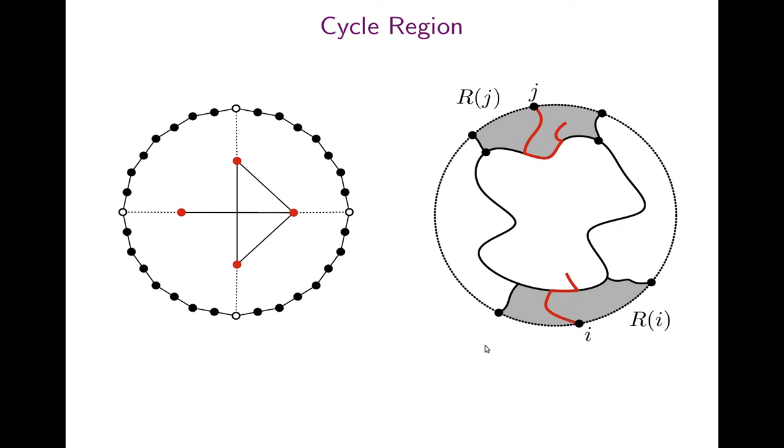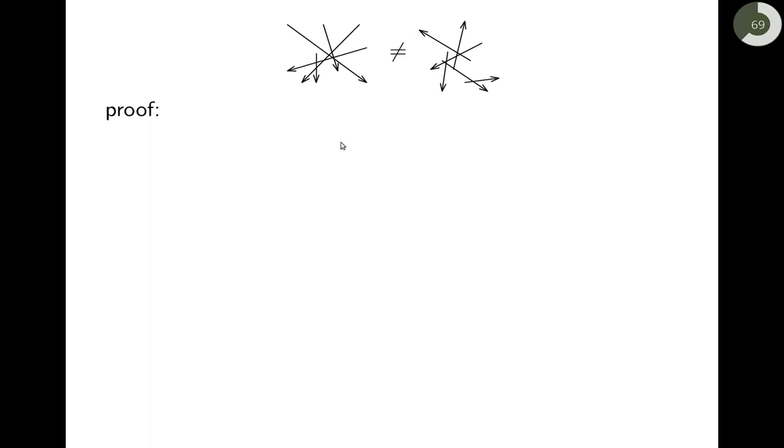And I know that these regions are ordered along the boundary, and thus also the start points of our red vertices, our relevant vertices, must be ordered the same way. And this shows that if I now remove all these black vertices from this representation, then I have a pi order representation of this graph. Okay, that's it.